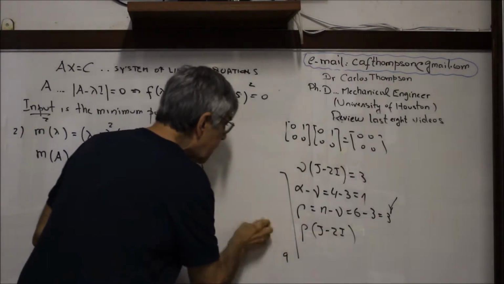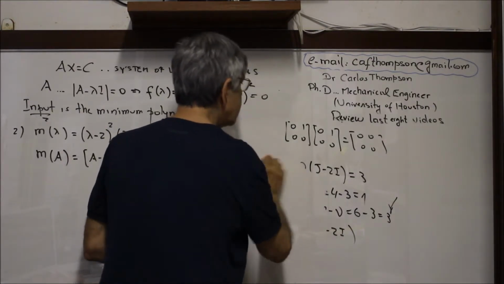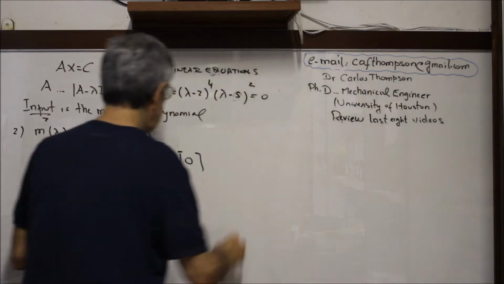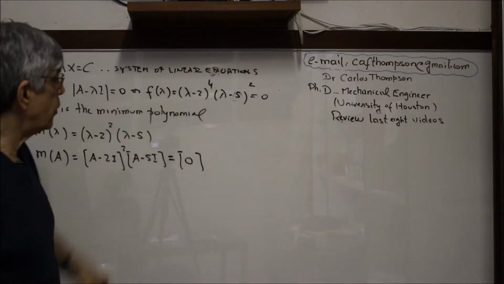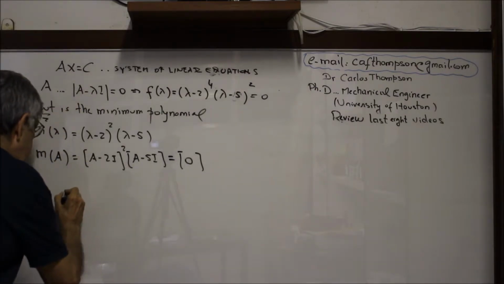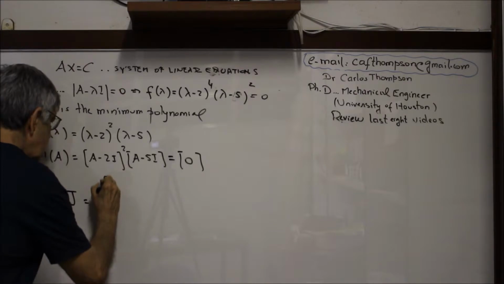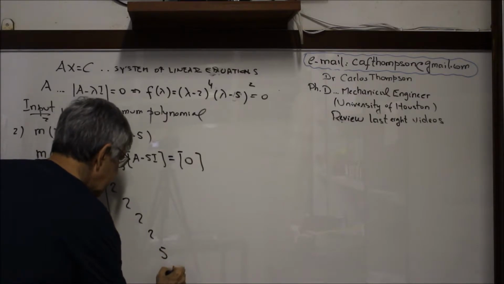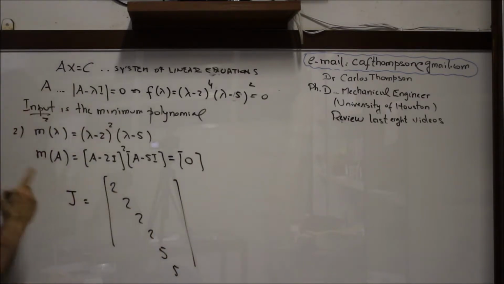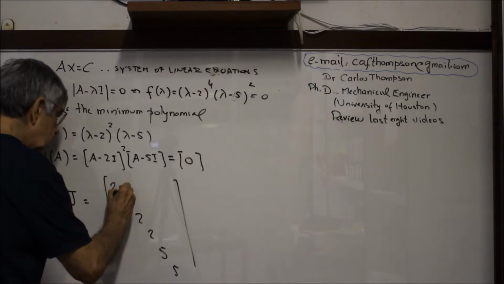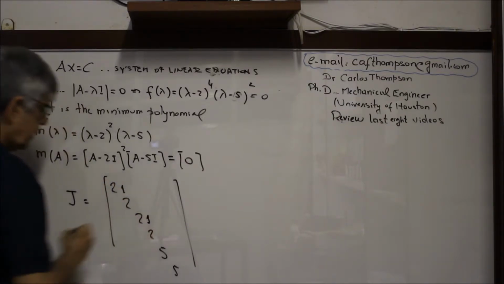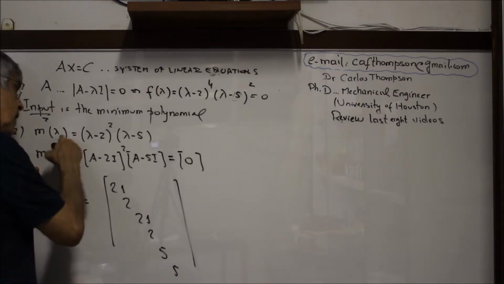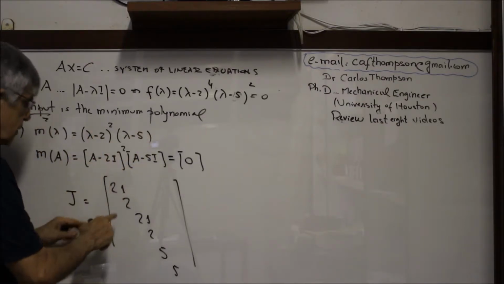Let's see another possibility. If I write my J is equal to 2, 2, 2, 5, and 5, you see, look, I'll put 1 here and 1 here. This is another J with the same minimal polynomial that I put here.